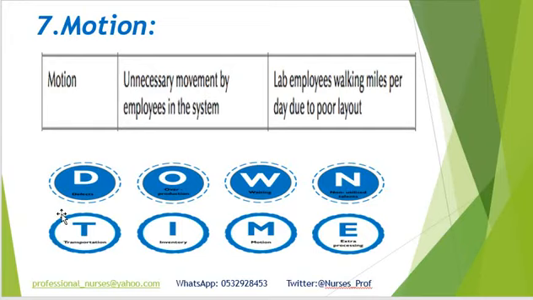This waste is also related to the poor layout in the hospital. If an employee walks a big distance between two departments in the hospital, suppose we have one employee in the laboratory and she has to walk a long distance to the pneumatic tube to get her samples, this is a waste. We are wasting time.